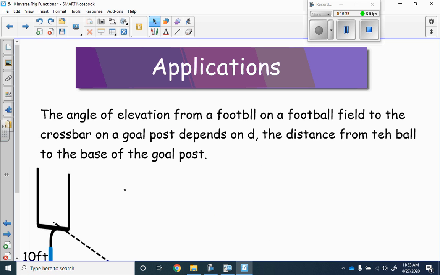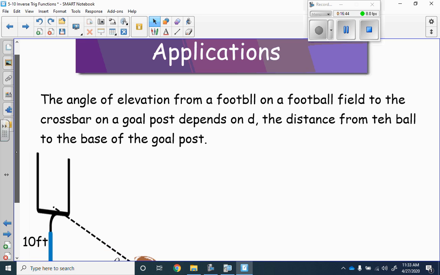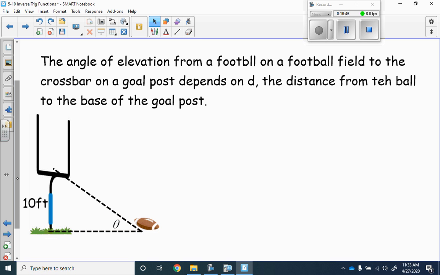But I also just want to briefly talk about an application, working out problems like this, and you might not realize that you are using the inverse functions, but you are, okay? So it says the angle of elevation from a football on a football field to the crossbar on the goalpost depends on D, the distance from the ball to the base of the goalpost.